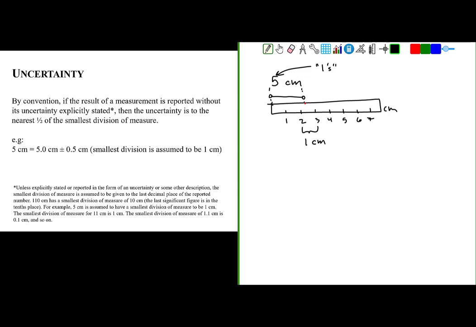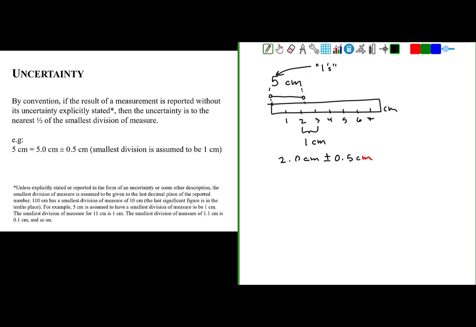So for the length of this piece of string I just drew above the ruler, we could estimate that piece of string to have a length of 2.0 centimeters plus or minus 0.5 centimeters. Here I'm estimating to the nearest half of a centimeter.